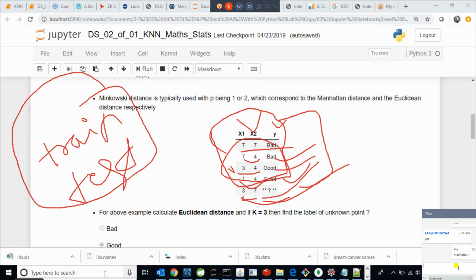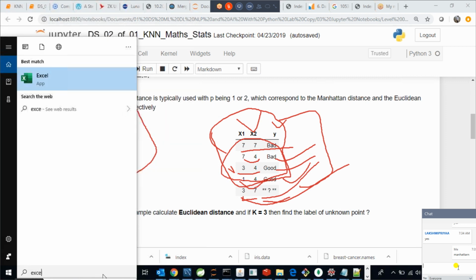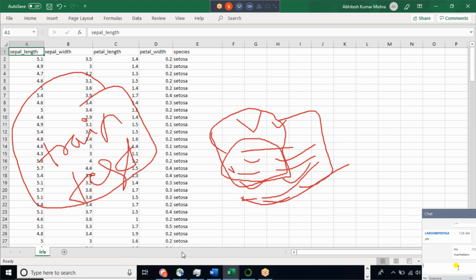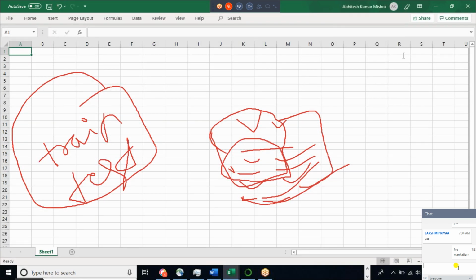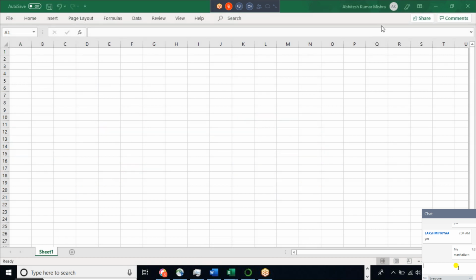Let me open an Excel sheet so that it will be clearer. Let's suppose I have some data x1, then data x2, and then the output.